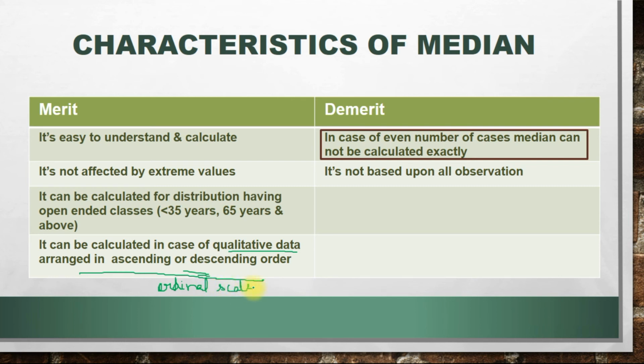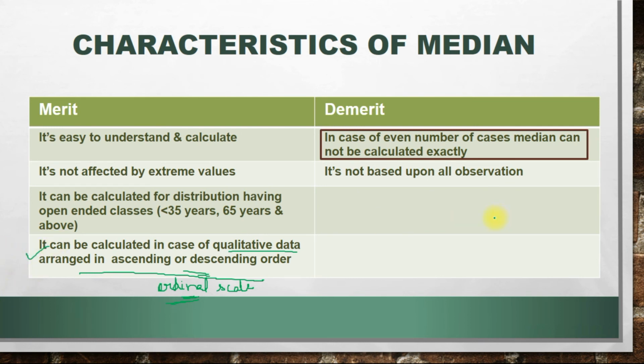So if our data is ordinal in nature, we can compute the median. Why? Because we have to arrange our data in ascending or descending order. In case of ordinal data, when we have orders, for example ranks of the class, we know the order first, second, third rank, so we can arrange it and then compute the middle term, and that will be the median. So this merit is also correct.